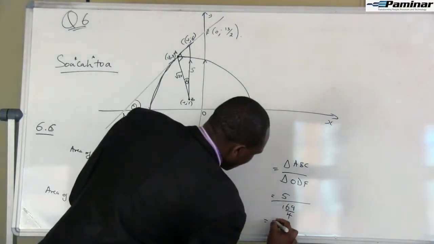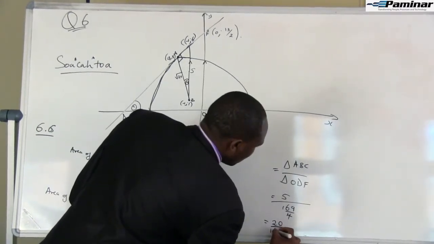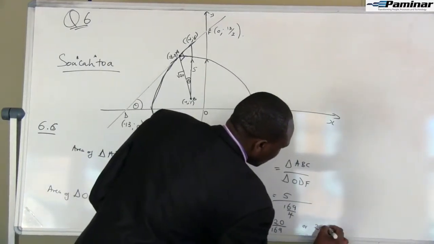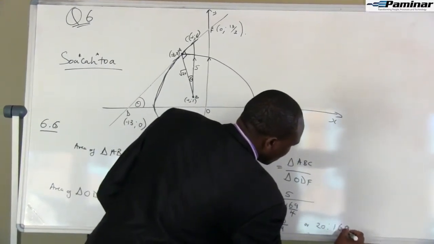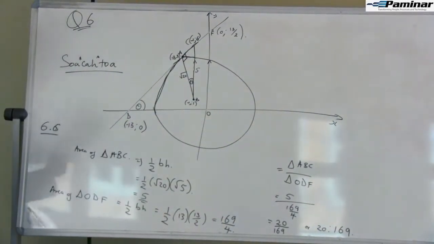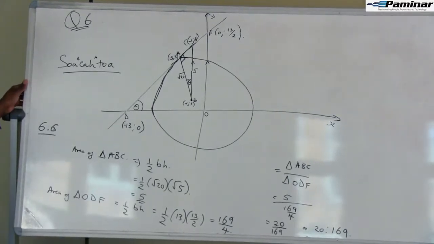That's it. So 20 over 169, or you can say 20 is to 169. That's what it means. So the ratio is 20:169.